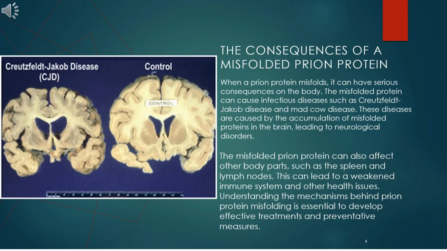Consequences of a misfolded prion protein. A misfolded prion protein could lead to several brain degenerative diseases, including but not limited to Alzheimer's, Kuru, and Creutzfeldt-Jakob disease, as shown here on the screen.